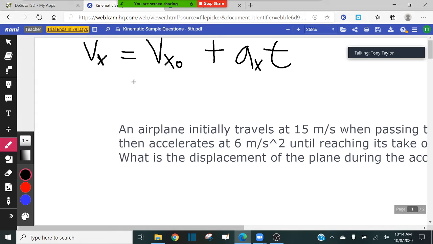So the second equation says that an object's final position, remember because x stands for position, is equal to an object's initial position.